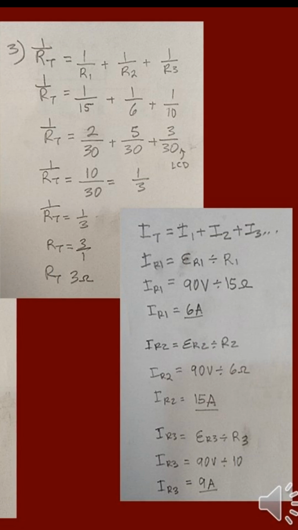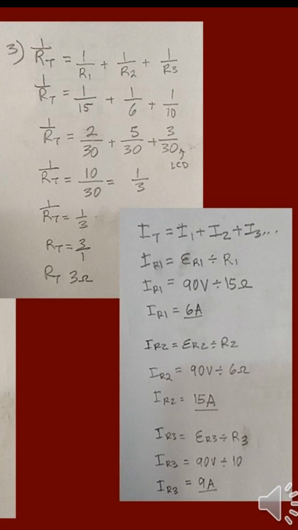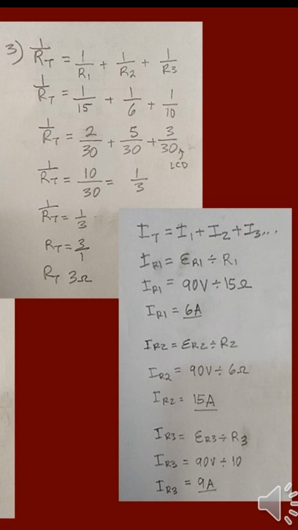To find our current total, we must find the current at each resistor. So we begin with resistor 1 or IR1 as shown on your screen, lower right. So IR1 or current at R1 equals voltage at R1 or ER1 divided by resistance number 1, and that would be 90 volts divided by 15.